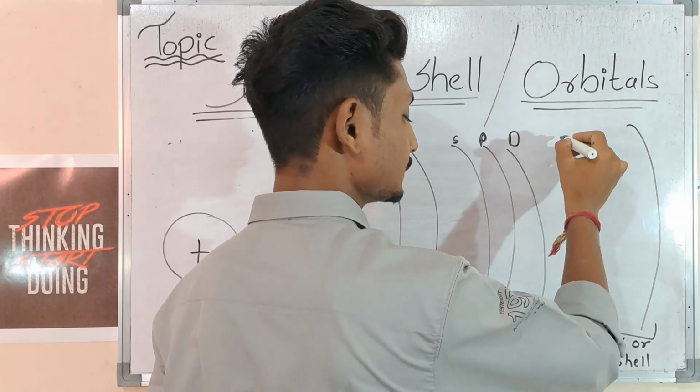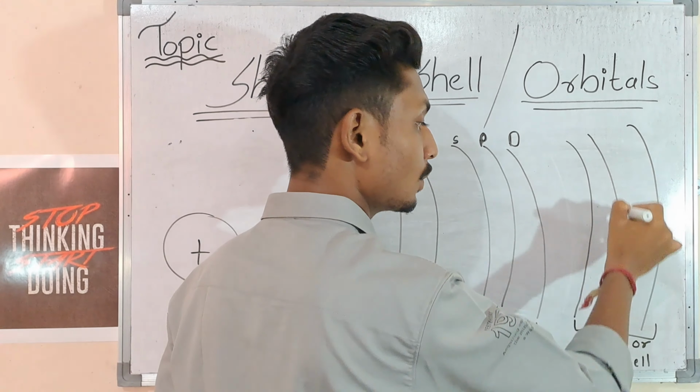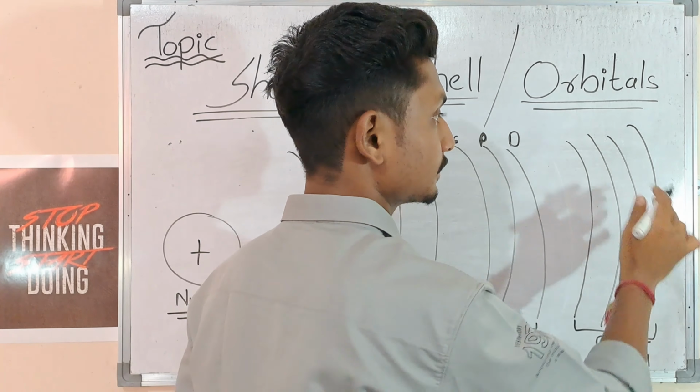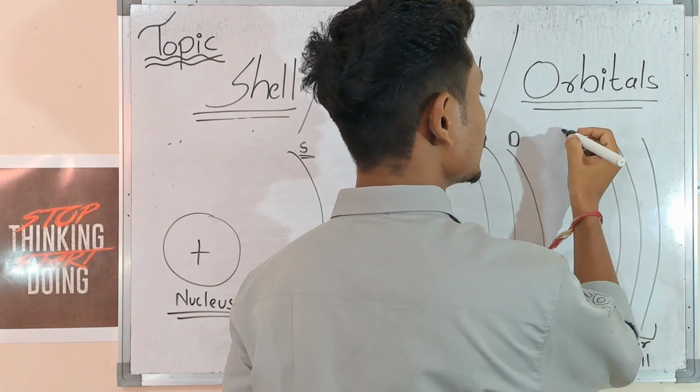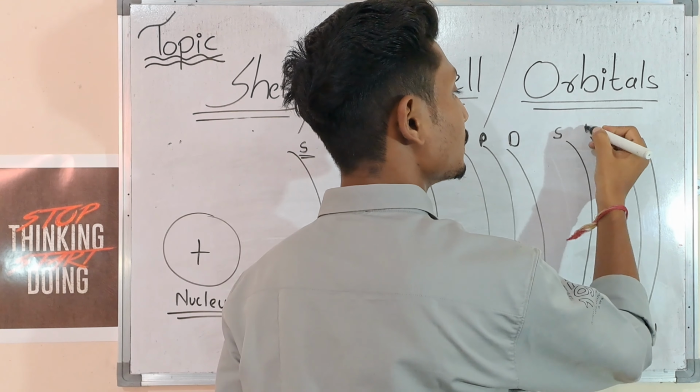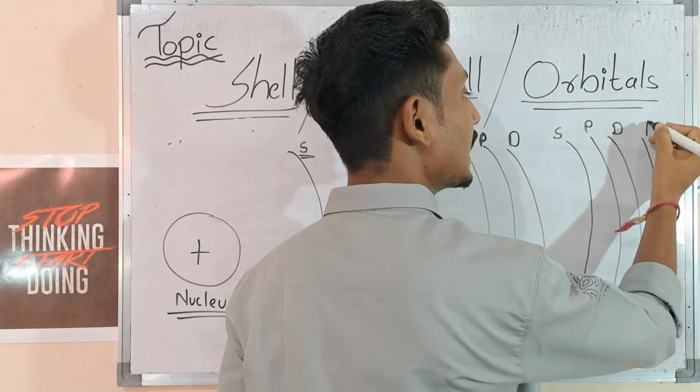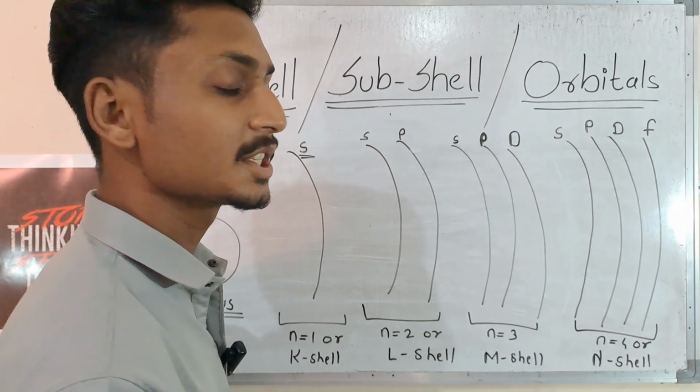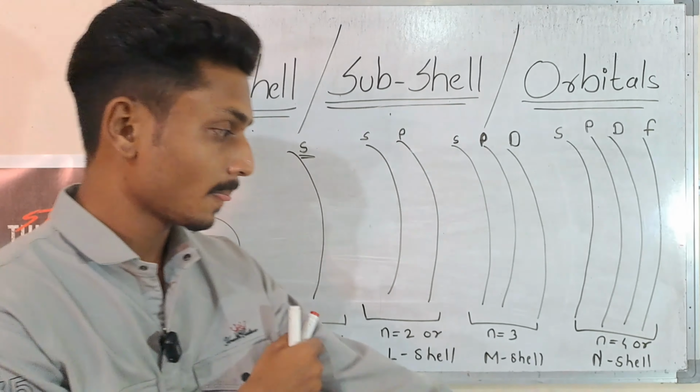N shell contains four subshells, which are known as S, P, D, and F.